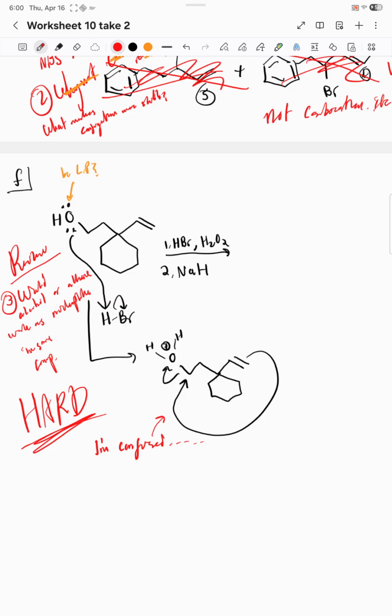It seems to be the case that... let's look at the answer key. E, F, G. It looks like we have the right idea. Okay. Looks like we did something wrong completely.